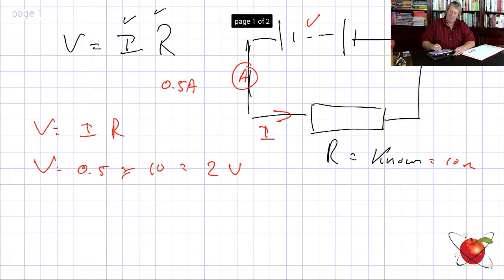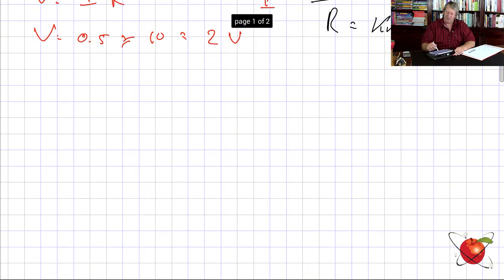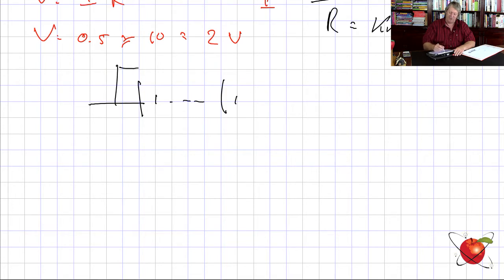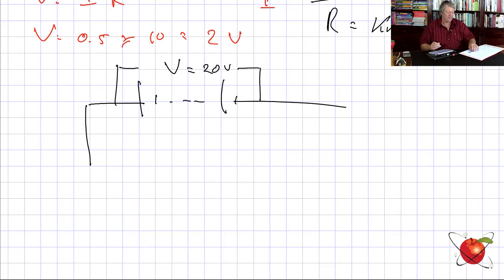Let us have a look at this circuit quickly. Let me draw it. First of all, here's our battery, and they tell us that this voltage over here is 20 volts. Now, they will tell us that it goes down like so.